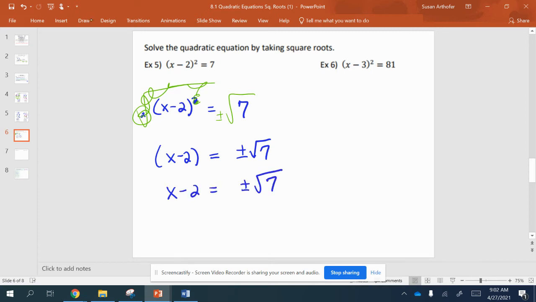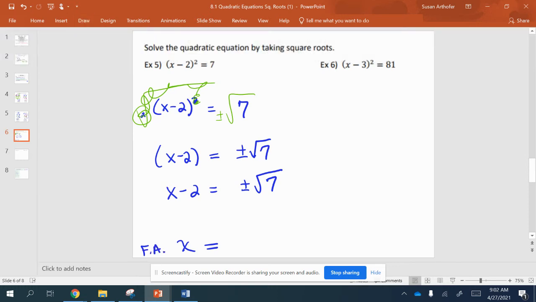Leave a little space right after the equal sign so I can show you how to do this. The parentheses aren't helping anything. It's like they got out of the radical, so you can drop them. Now I need x equals. I need the answer x equals for our final answer, so let me show you what to do.